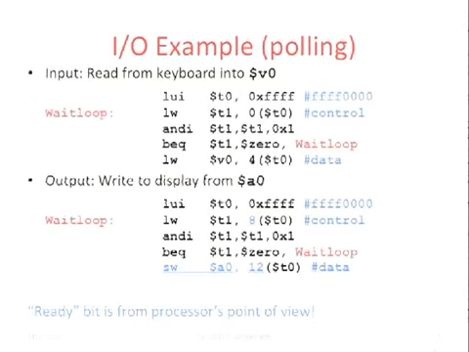Because we had 4 here for control, 4 for data, and then the next 4 bytes will be the control register for our next device, which in this case is the display. Again, we loop until the device is ready, and when it is, then we can write out to the display, and here we're going to write to the data register, which is, of course, 12 bytes from the start of this region. Okay? So that's it.